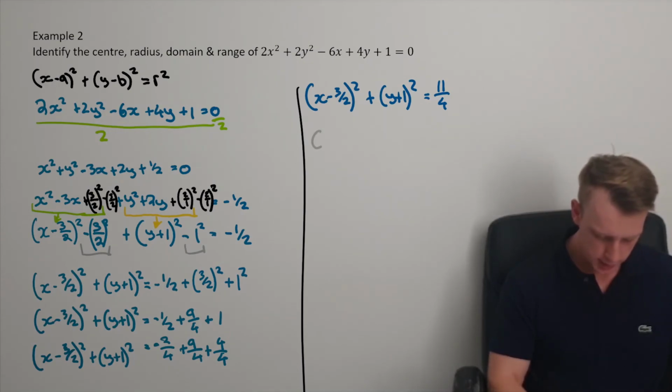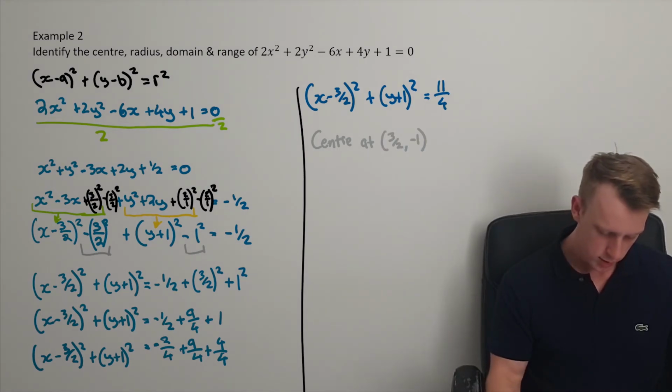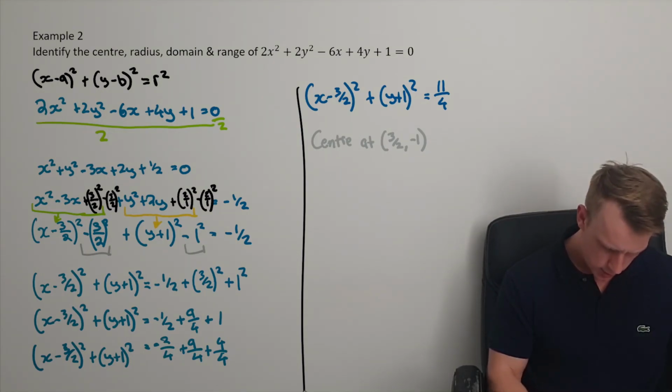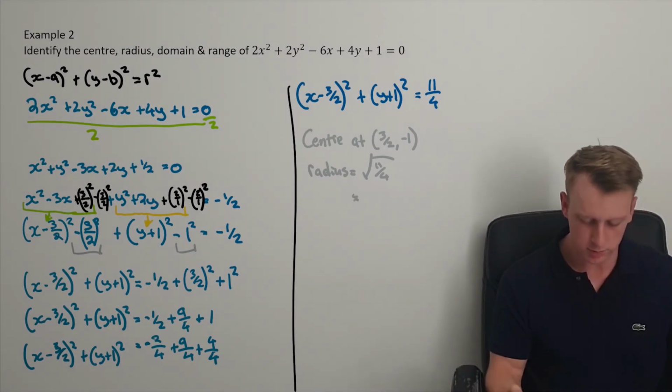We've got center at this point here, radius is equal to the square root of 11 on 4. With this radius here, we can simplify that down to root 11 on 2.